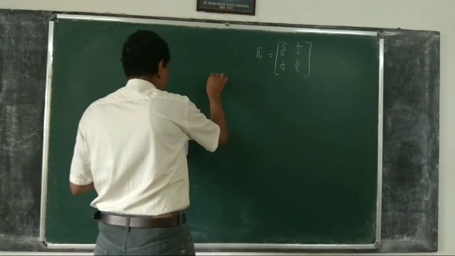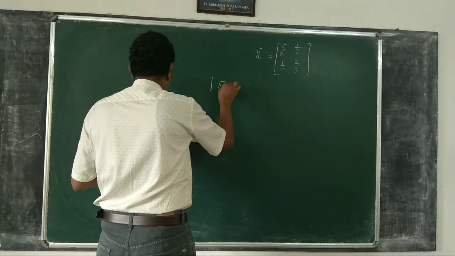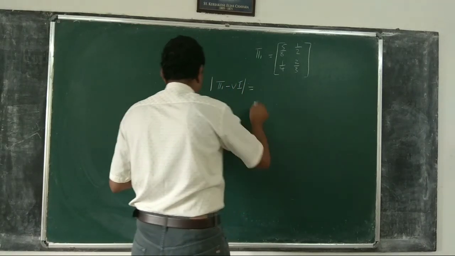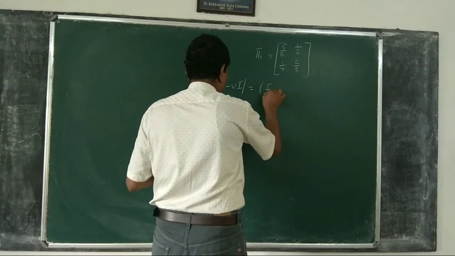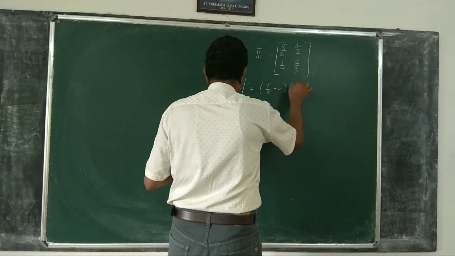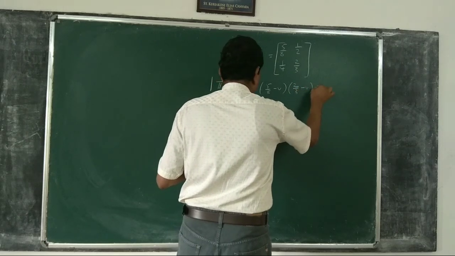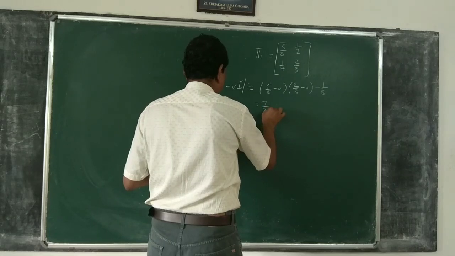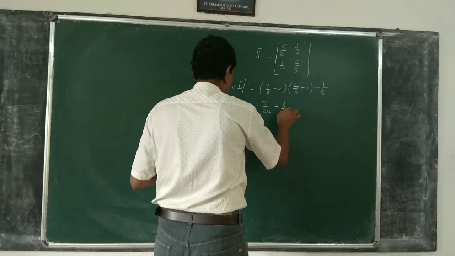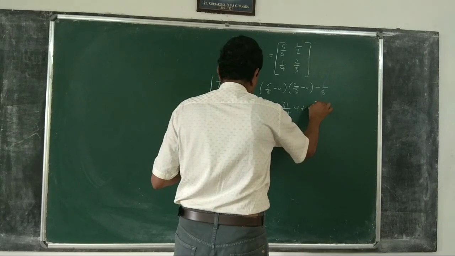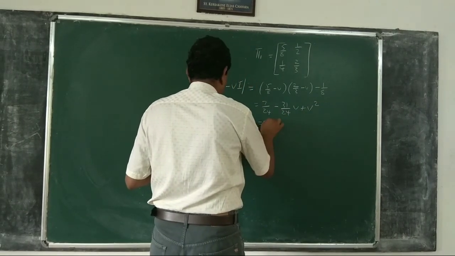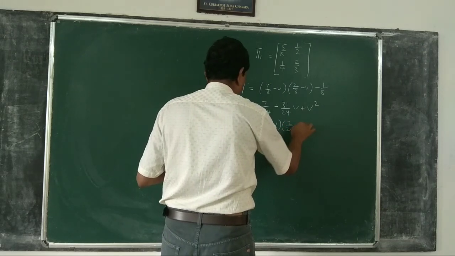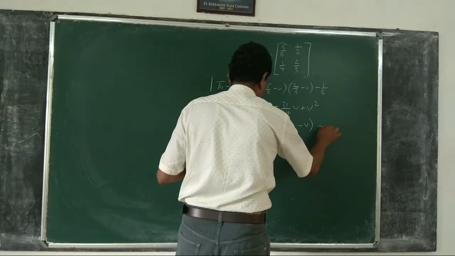So the determinant of pi 1 minus vI is equal to (5/8 minus v) into (2/3 minus v) minus 1/8, which is 7/24 minus 31/24 v plus v squared, and can be written as (1 minus v) into (7/24 minus v) equated to 0.